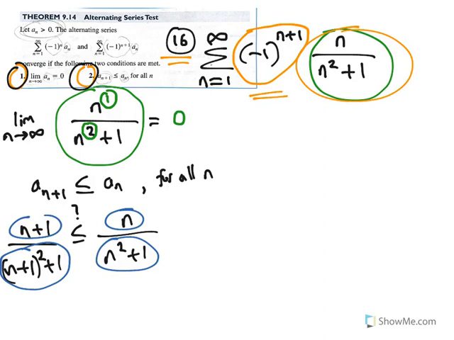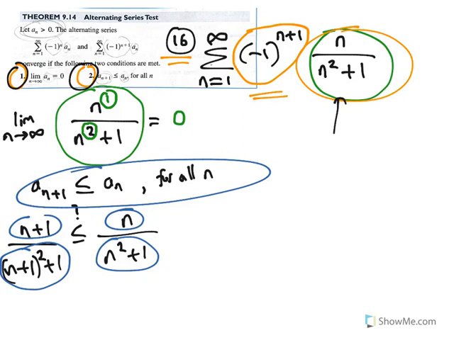So if you wanted to take an alternative approach, you can, and here's what you can do to show that this has to be true for all n greater than or equal to some integer. Basically, you want to consider the corresponding real valued function, f of x equals x over x squared plus 1.